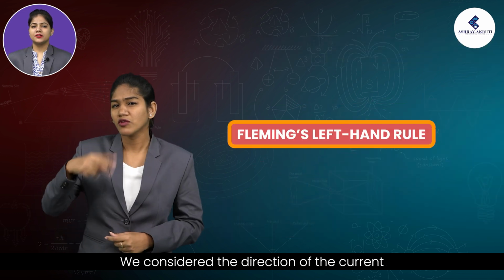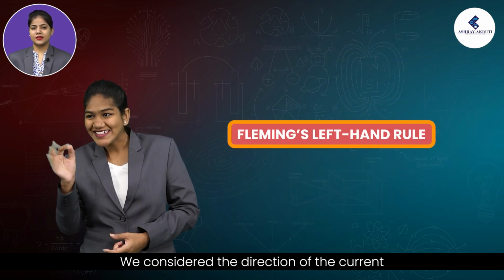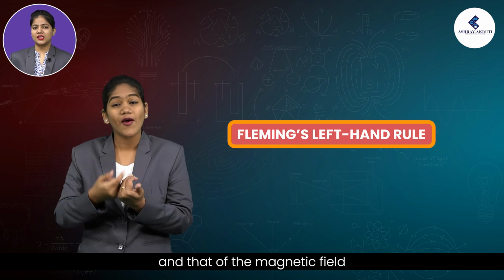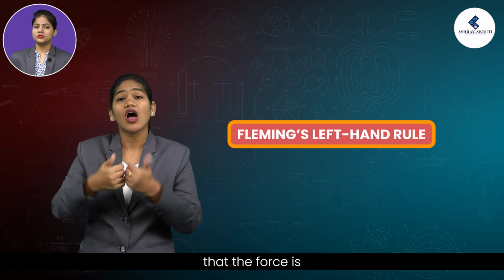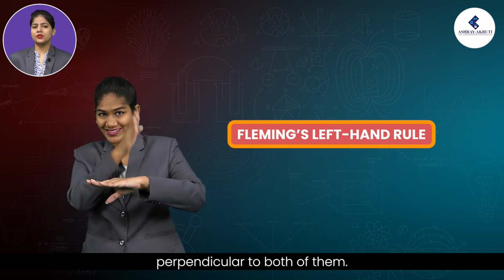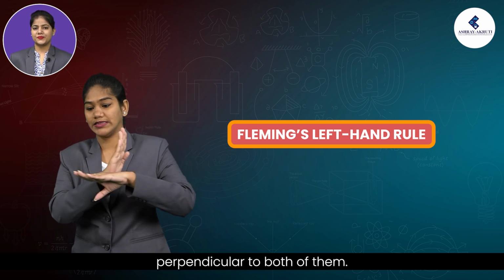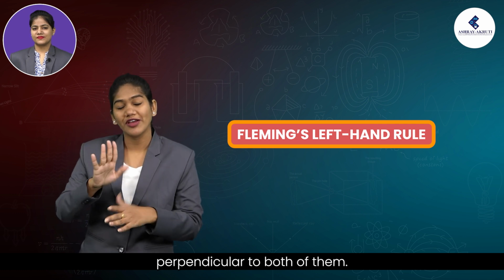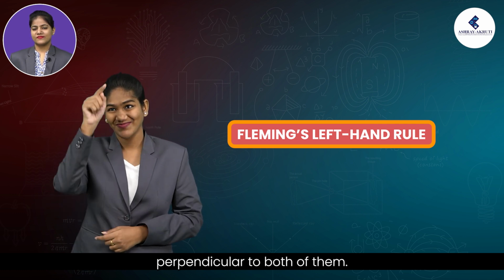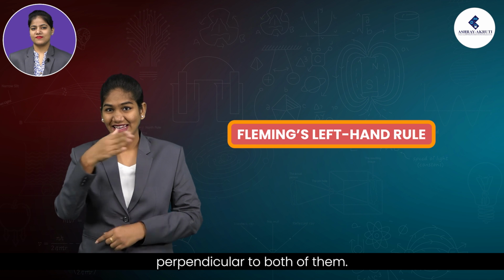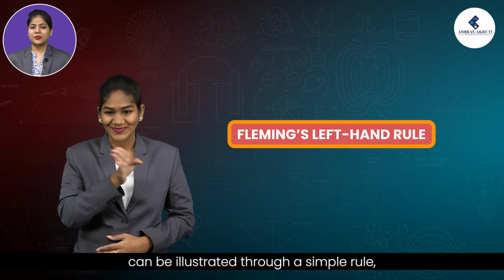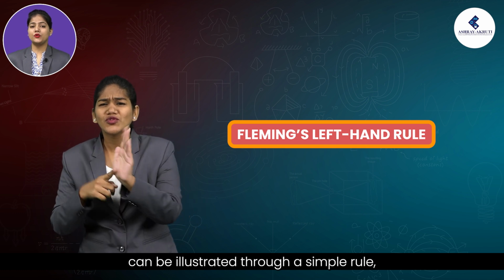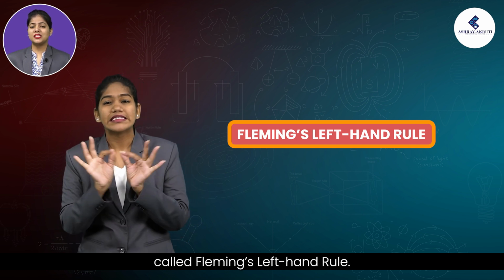We considered the direction of the current and that of the magnetic field perpendicular to each other and found that the force is perpendicular to both of them. The three directions can be illustrated through a simple rule called Fleming's left-hand rule.